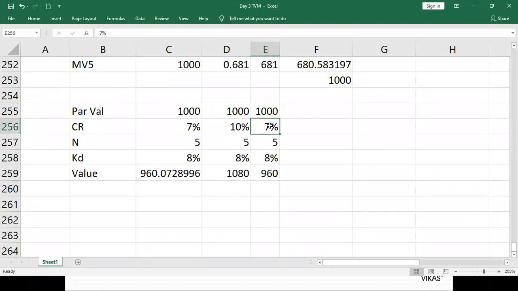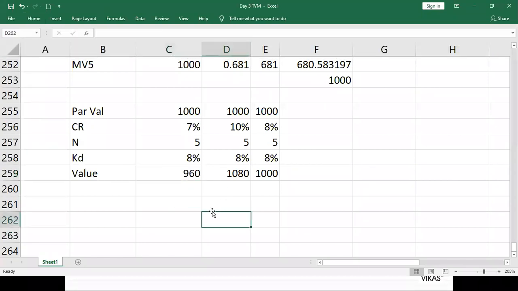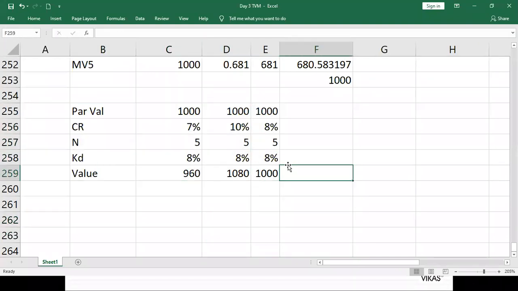And if coupon rate is 8, then it becomes 1000, isn't it? Have you observed this behavior? We can come to the conclusion.